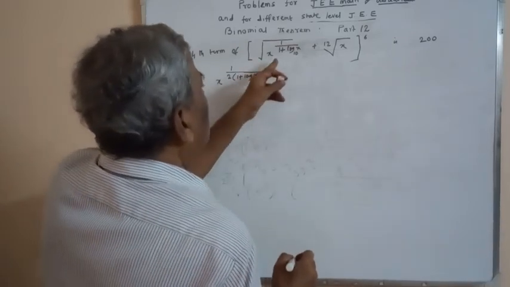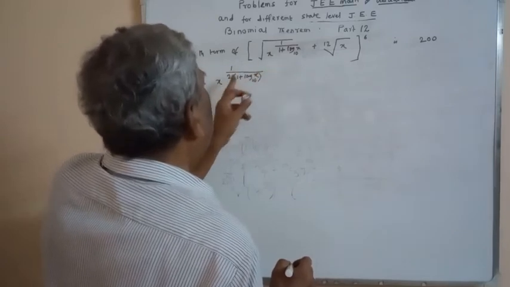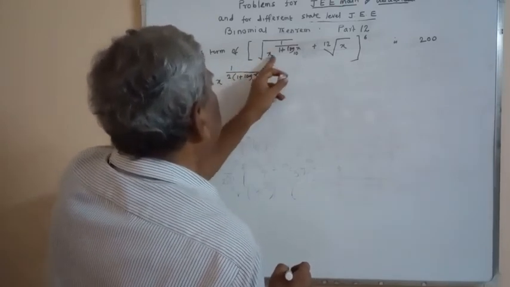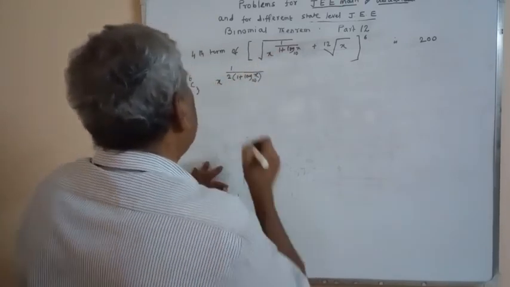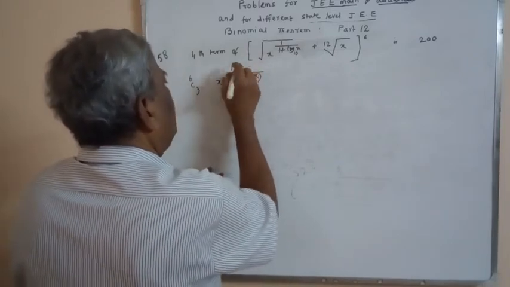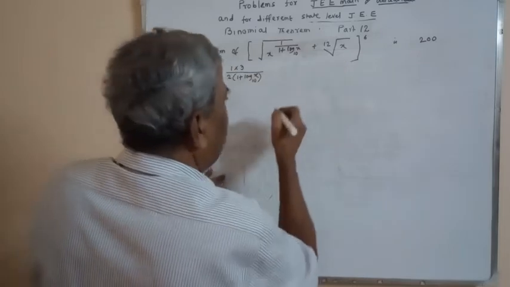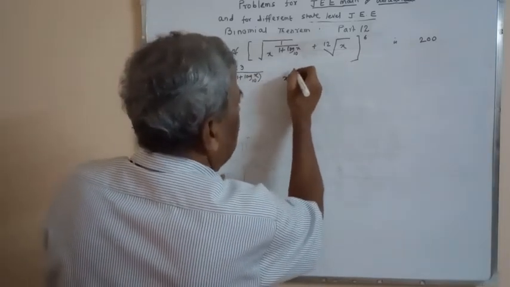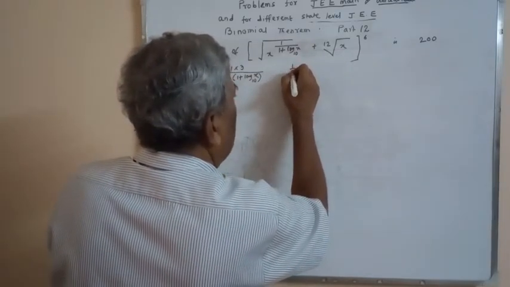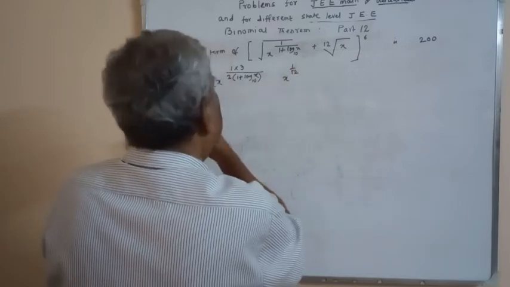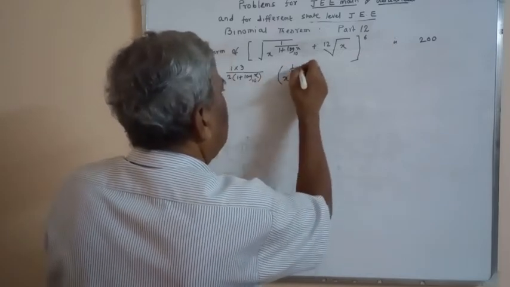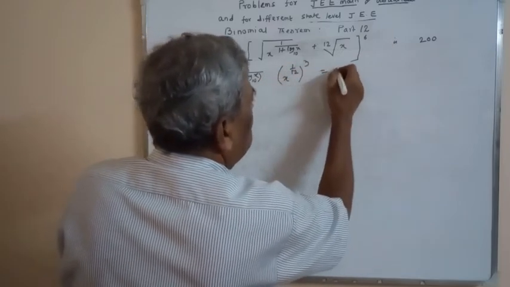This first term has the power 1 by 2 because it is within the square root. This to the power 3, into the second term, that is x to the power 1 by 12, that to the power 3. This is given as 200.